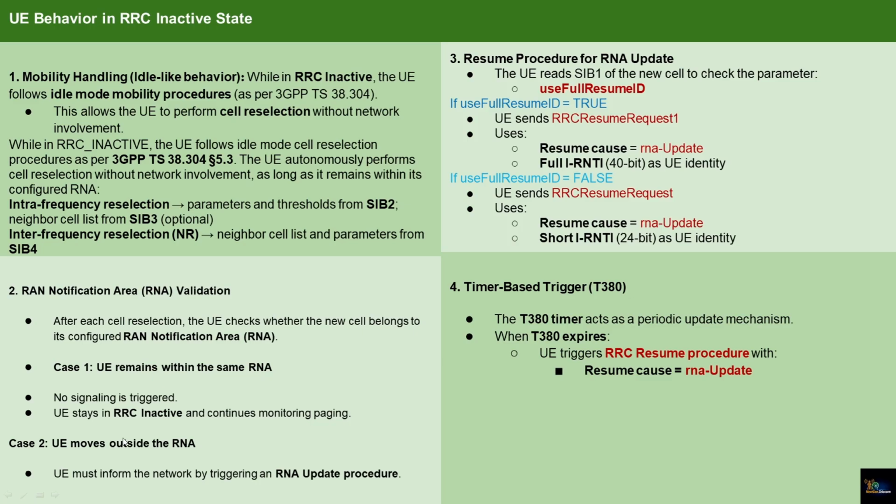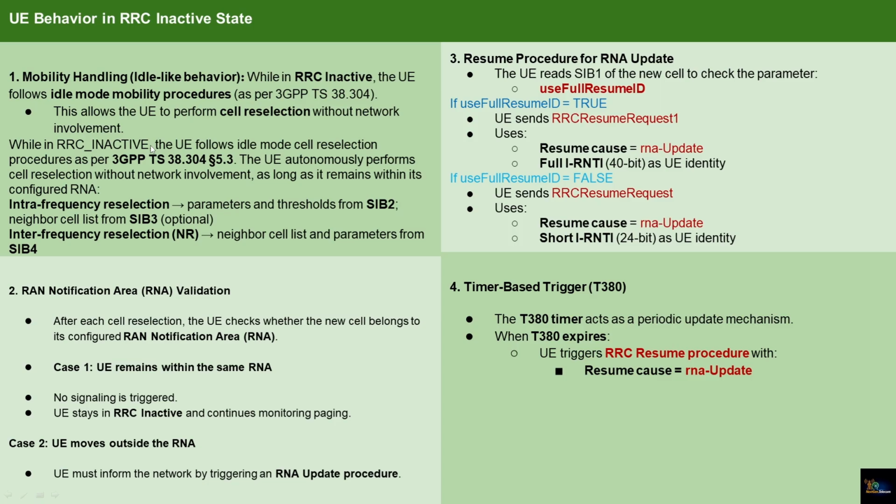The resume procedure for RNA update is: you first read SIB1. In the new cell, you check a parameter: if the use full resume ID is present in SIB1, the UE uses RRC resume request 1 and uses the full I-RNTI, 40 bits, as UE identity, and the resume cause will be RNA update. So these two parameters are required.